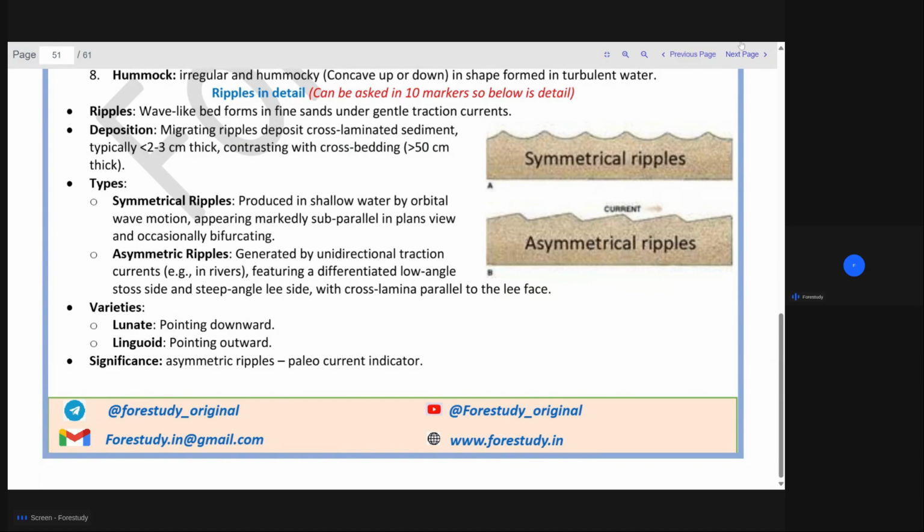I'll try to show you the lunate and linguoid types. Mostly in plan view you get to see the lunate ripple or linguoid ripple. There are other types of ripples also, but we'll not go into that detail.